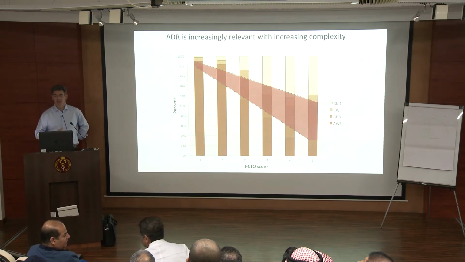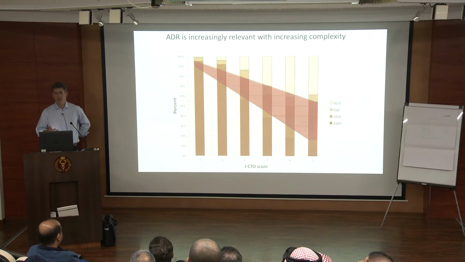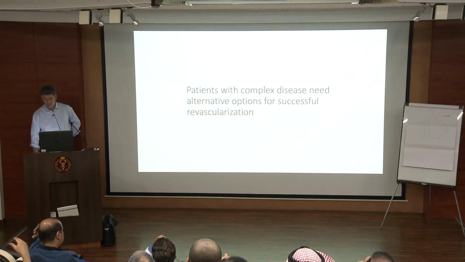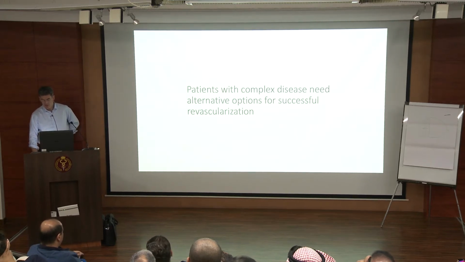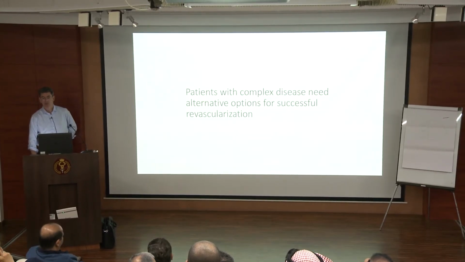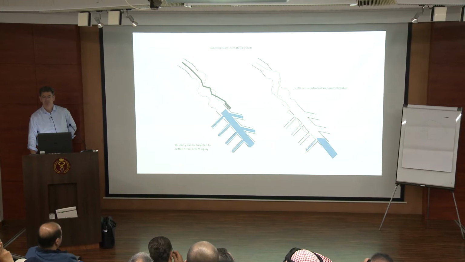I don't think it is a big conceptual leap: if we're going from the subintimal space, retrograde, back into the true lumen, then why not do that antegradely as well? Patients with complex disease need alternative options for successful complete revascularization.